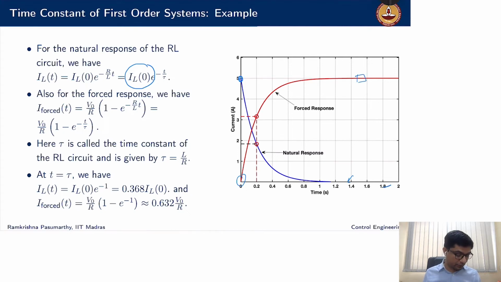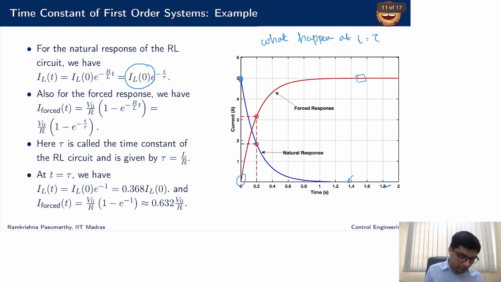You can compute this mathematically. And why is this time tau important? What happens at time t equal to tau?